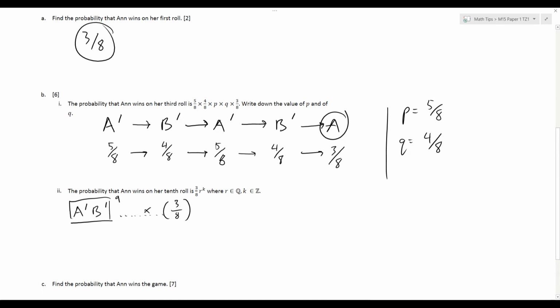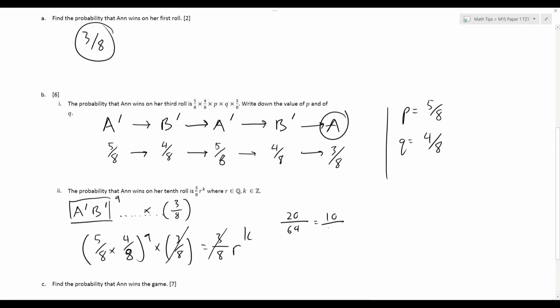So what we're going to write is 5 over 8 times 4 over 8, to the power of 9, times 3 over 8, equals 3 over 8 times r to the power of k. So we're going to cancel these out, and then we're going to multiply them together. 5 times 4 is 20, 8 times 8 is 64. To make it simpler, I can divide this by 2, so 10 and 32.